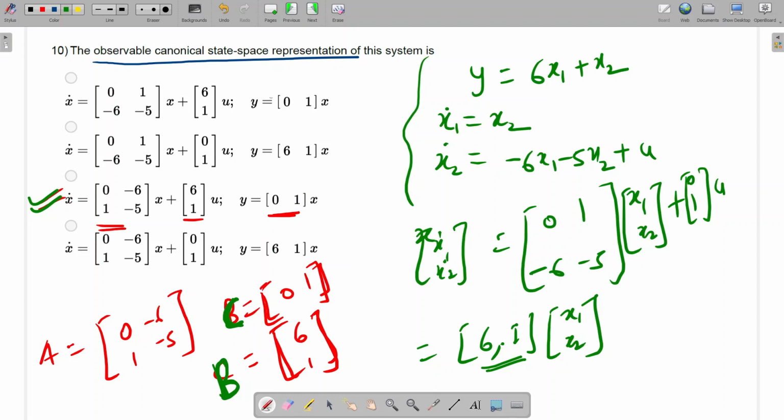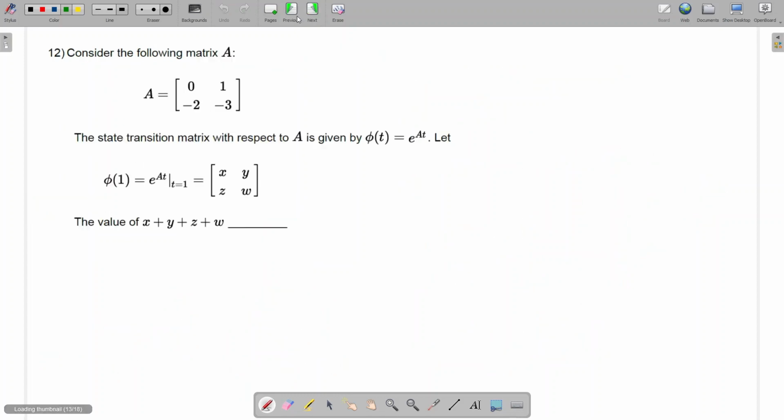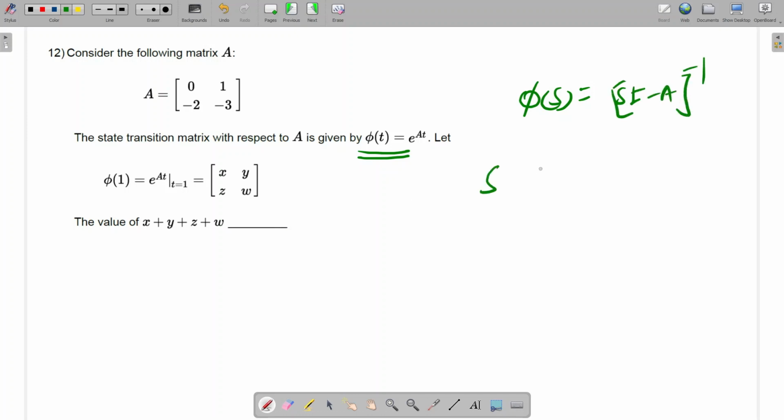I'm moving to the next question. Just some questions are there. So e to the power At is something, phi of t. What is phi of t? That is the inverse of this one. I am doing the fast calculation. Phi of s is equal to (sI minus A) whole inverse. So that will be s minus 1, s plus 2.